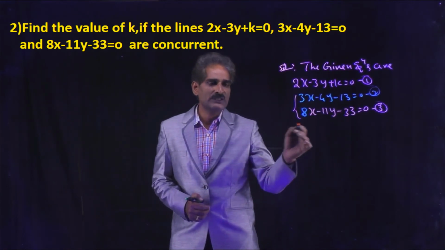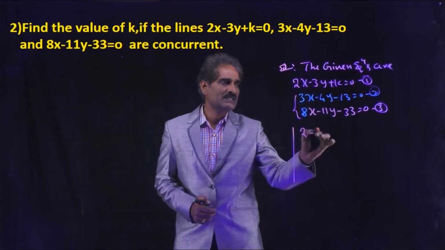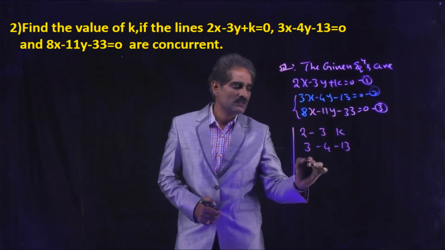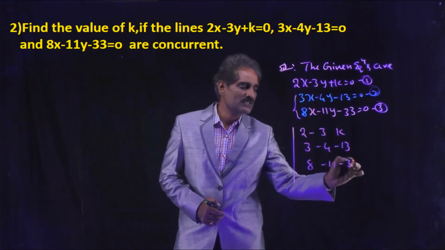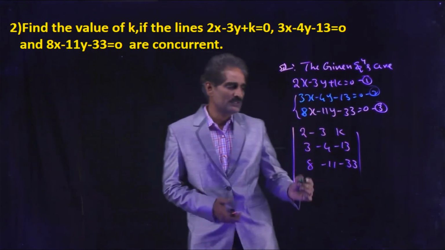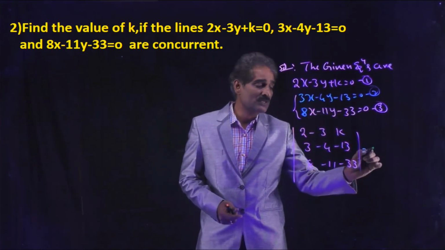Now take the determinant of these three lines: 2, minus 3, k; 3, minus 4, minus 13; 8, minus 11, minus 33. Since it is given that these three lines are concurrent, the determinant equals 0.